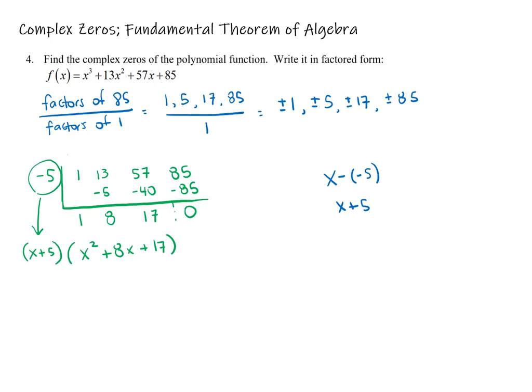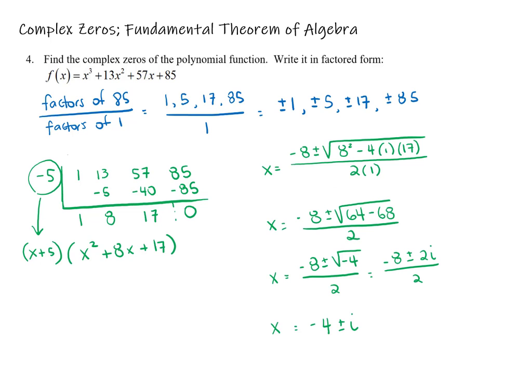We do want to factor that out more, and it doesn't look factorable the way that we normally factor it, especially since 17 is prime, but I'm going to go ahead and use the quadratic formula to help us factor this. So having done the quadratic formula, I get my zero, which is -4 plus i, and my other zero, which is -4 minus i.